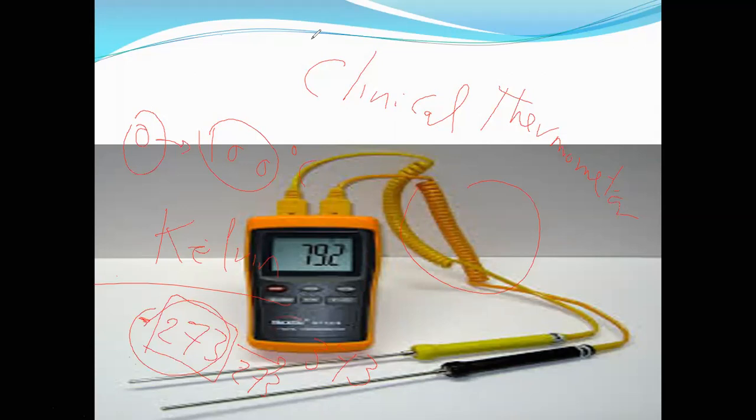Suppose you have a solution and you don't want to immerse a certain kind of thermometer inside it, so you can use the digital or thermocouple thermometer by injecting the two parts coming from the thermometer inside your solution, and it will tell you directly about the temperature of this solution.